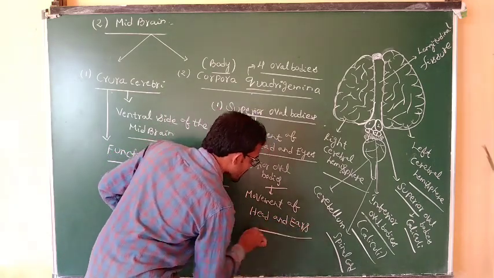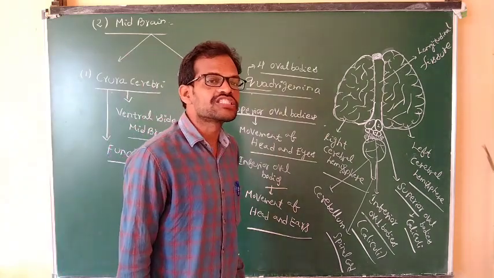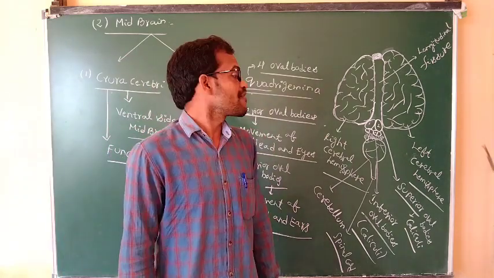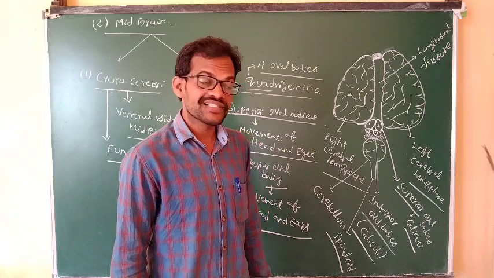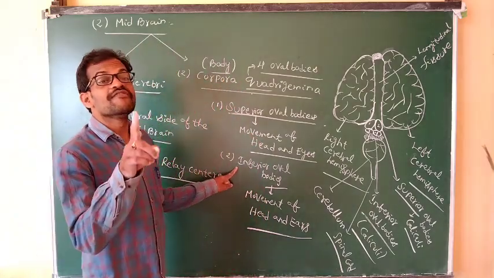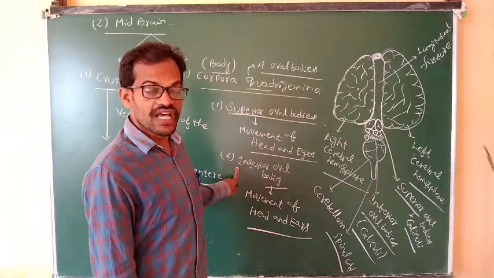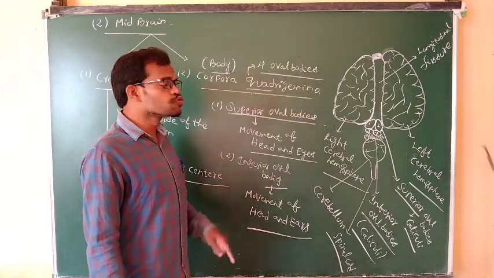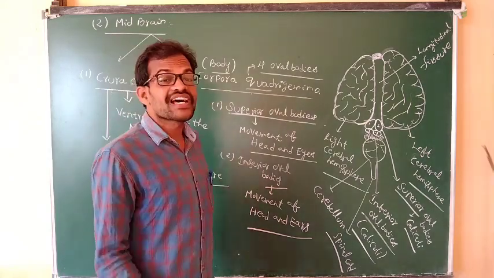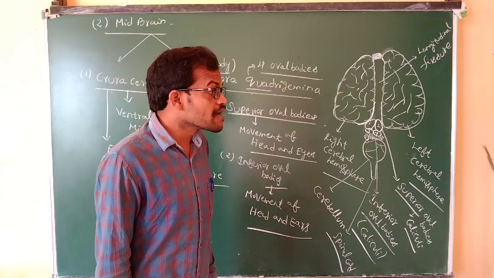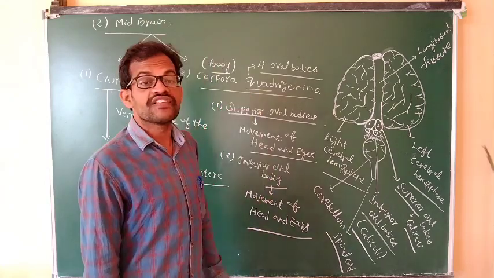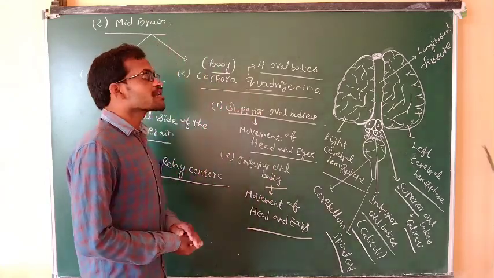You can listen to any sound, and our head is rotated because of the inferior vowel bodies. The superior vowel bodies are helpful for vision, so you can observe any visions.